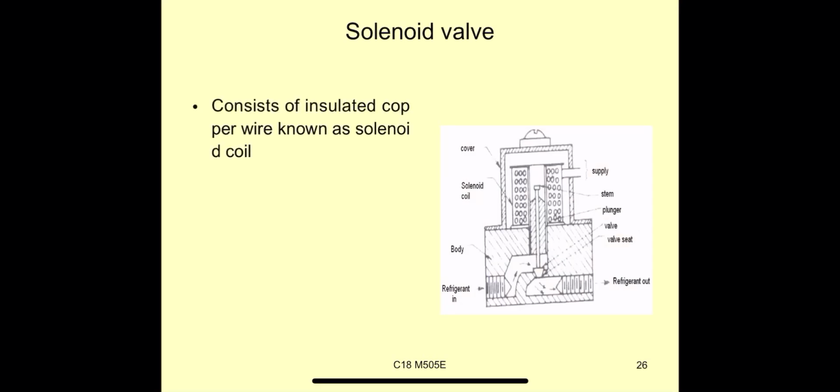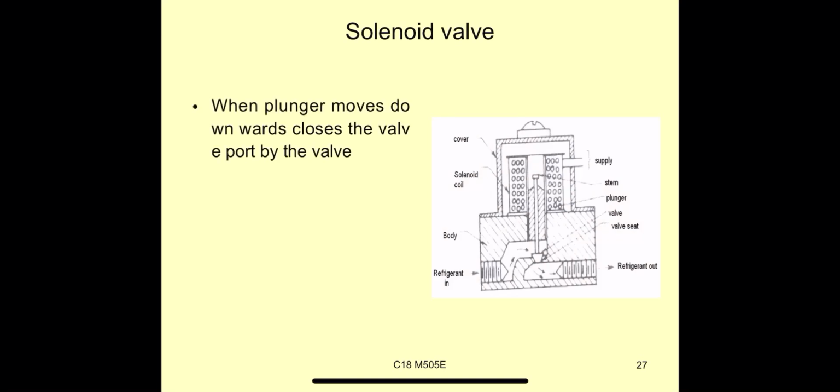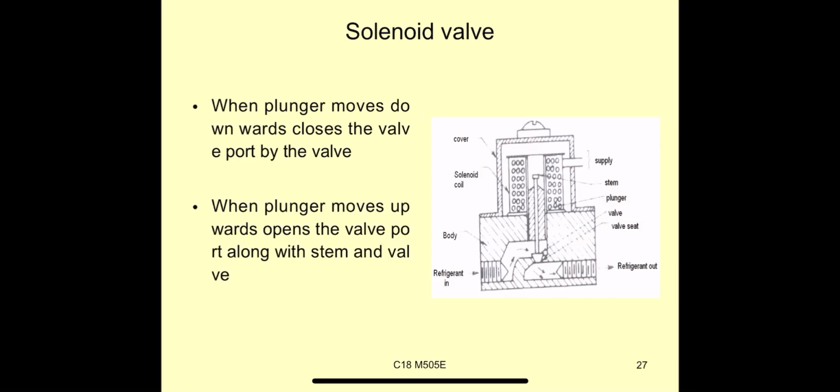A solenoid valve consists of insulated copper wire known as a solenoid coil. A plunger or iron armature is placed inside the coil. The plunger consists of a stem with a valve attached at the lower end. When the plunger moves downwards, the valve closes the valve port. When the plunger moves upwards, it opens the valve port along with the stem and valve.